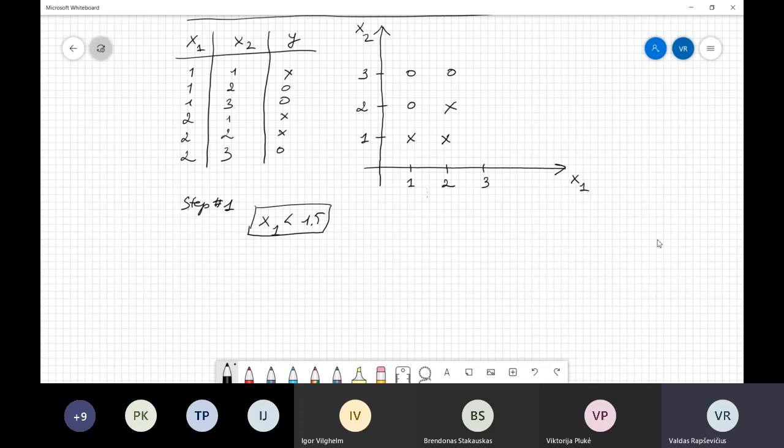Let's calculate the error. So we are about to have a candidate split right here. What we have is an impurity for this side, the majority class.